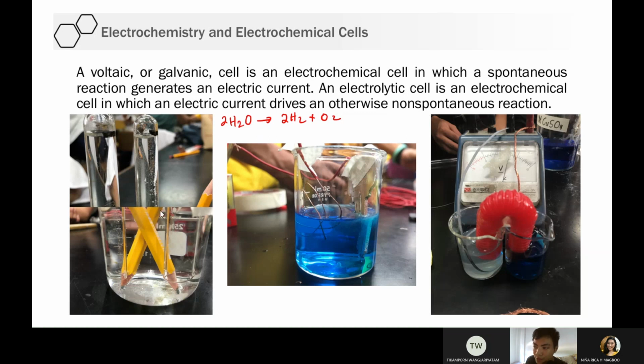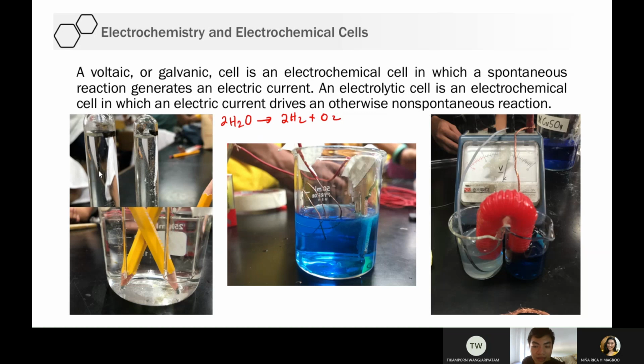Then after we collected lots of gas, we actually ignited them, and it ignited. The hydrogen gas combusted when we subjected it to fire. So that means this reaction is true. This topic is really true.